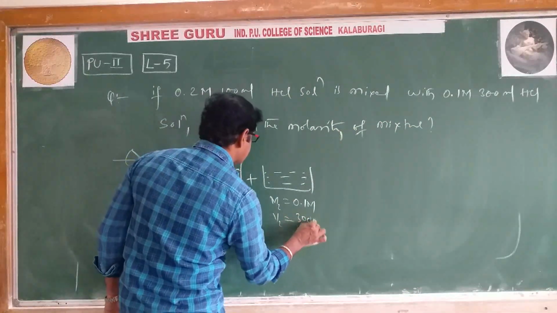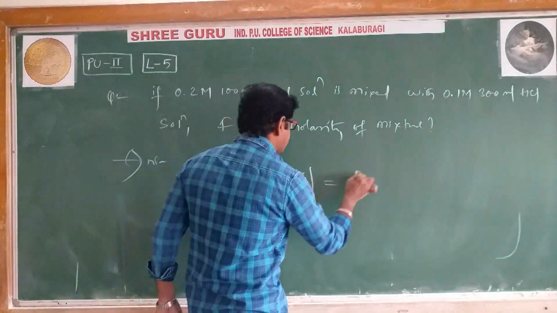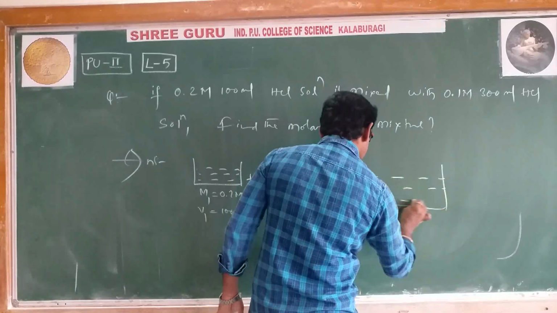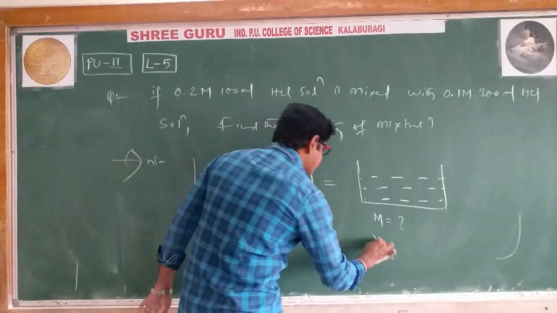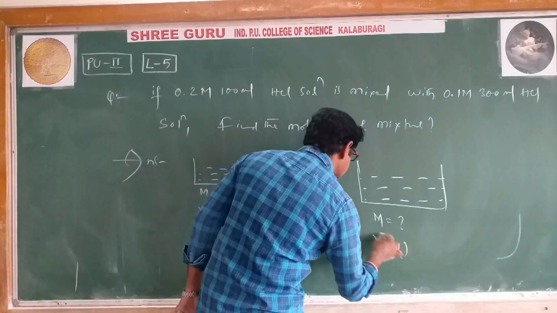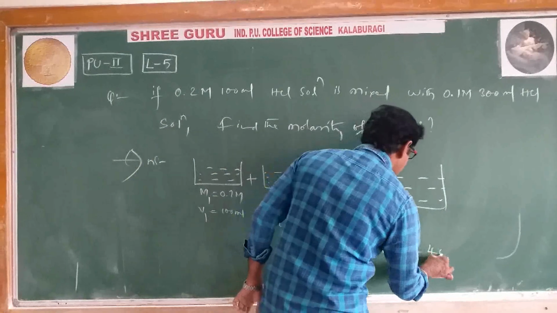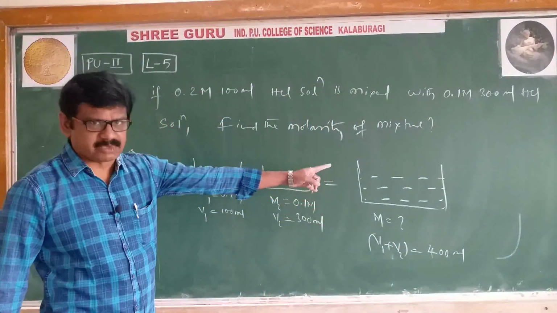Then both are mixed, and the obtained solution has molarity M as a question mark, and V1 plus V2 is 100 plus 300, that is nothing but 400 ml. Now that mixture molarity should be calculated.